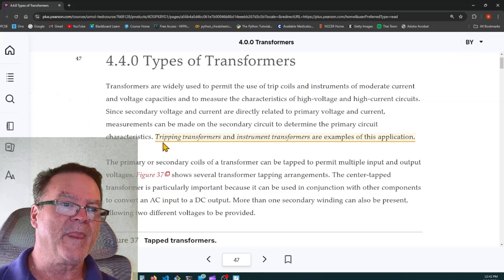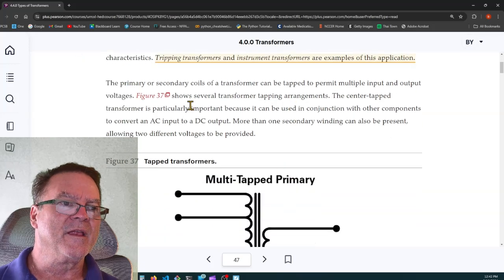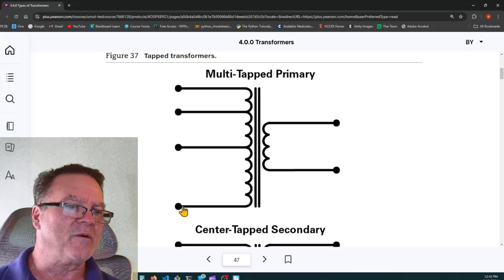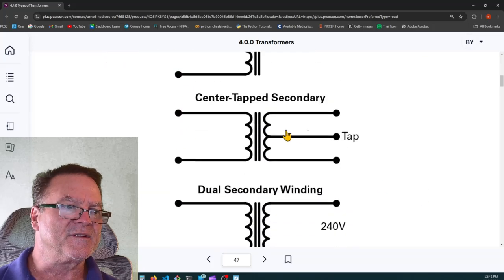All right. So primary or secondary coils of a transformer can be tapped to permit multiple input and output voltages. So here's a multi-tap transformer. We could say maybe this is 120 and this is 208 and this is 240. Who knows? There's a center tapped secondary.